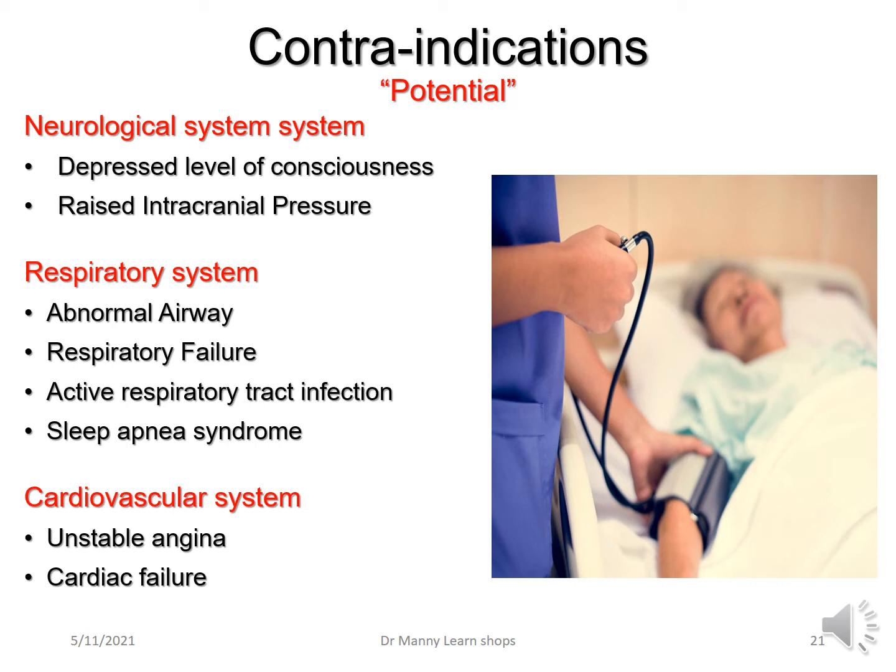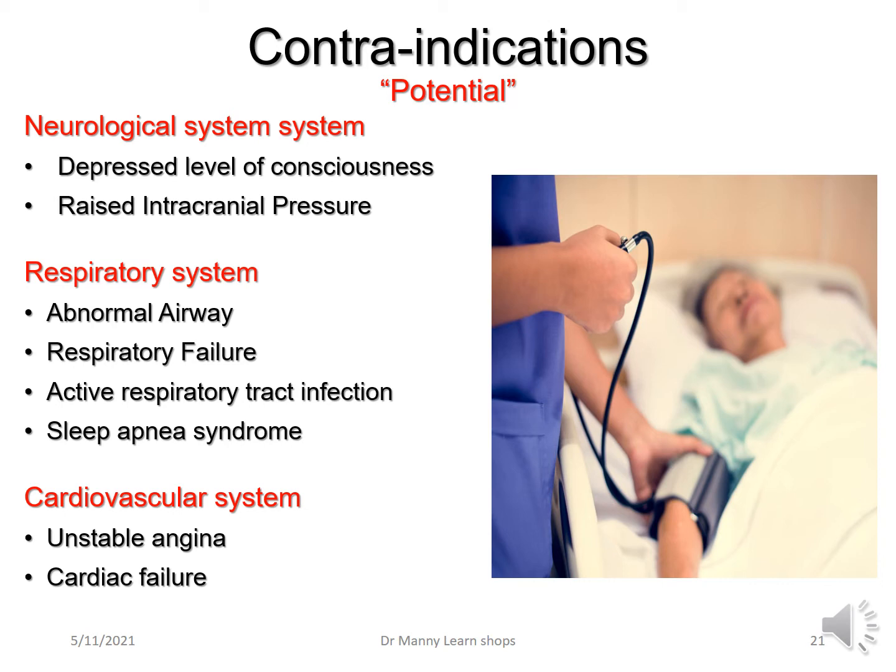Your respiratory system. You may have an abnormal airway. You may have respiratory distress and failure. You may have an active respiratory tract infection. You may have a history of sleep apnea syndrome. Again, none of them need be absolute contraindications, but they could be.